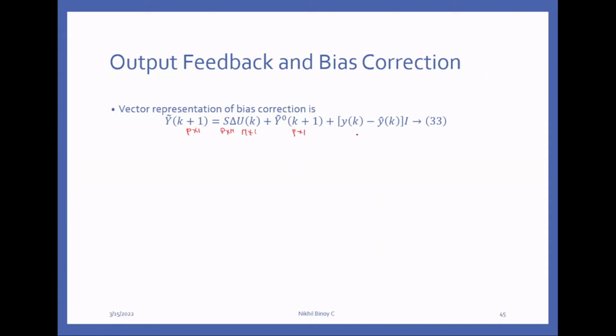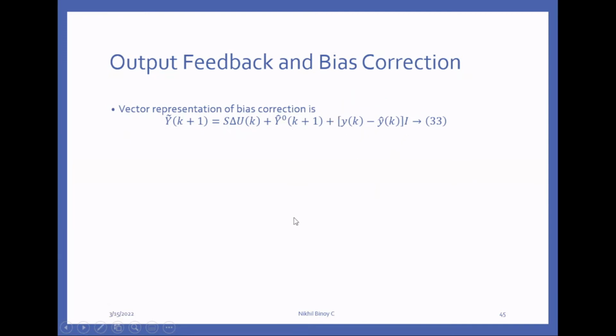This is 1 by 1. Actually the position is here. So this one must be P by 1 and all elements are 1. This is actually a P vector, P elements of a column vector with 1. So I is used to convert this scalar quantity to a vector.